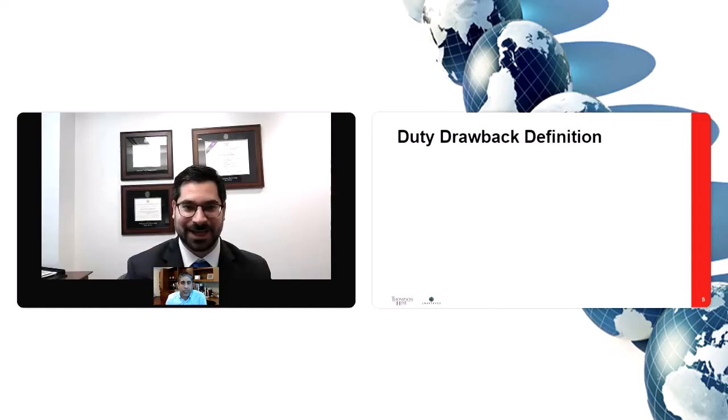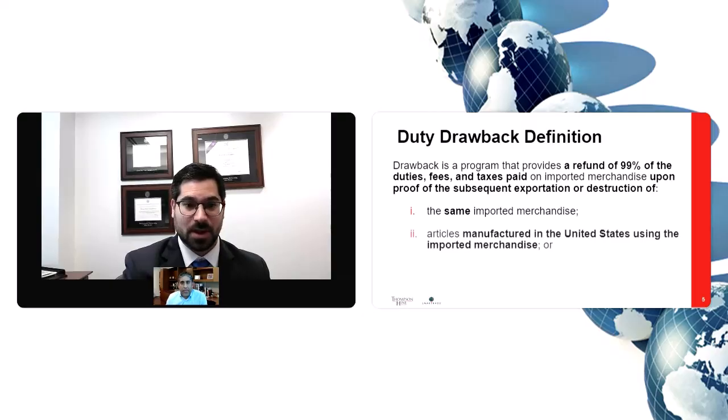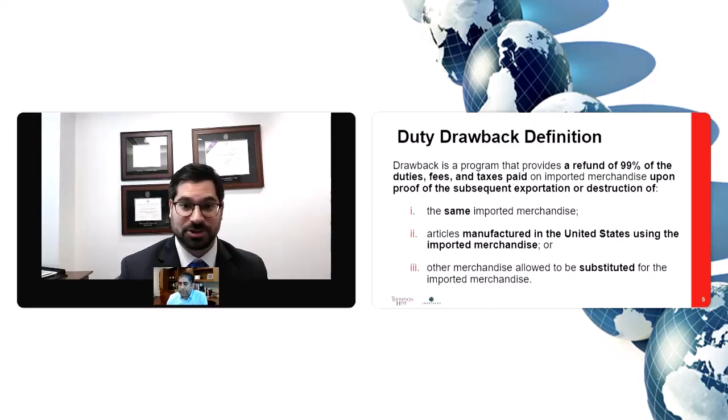Specifically, and this was alluded to in the agenda slide, it is a refund of 99% of the duties, fees, and taxes paid on imported merchandise upon proving its subsequent exportation or destruction of the same imported merchandise, articles that have been manufactured in the United States using that imported merchandise, or even other merchandise that is allowed to be substituted for the imported merchandise.